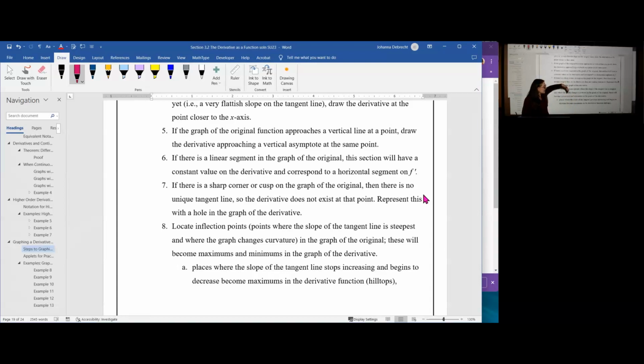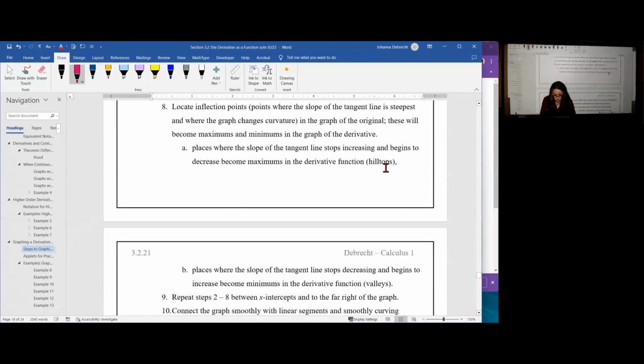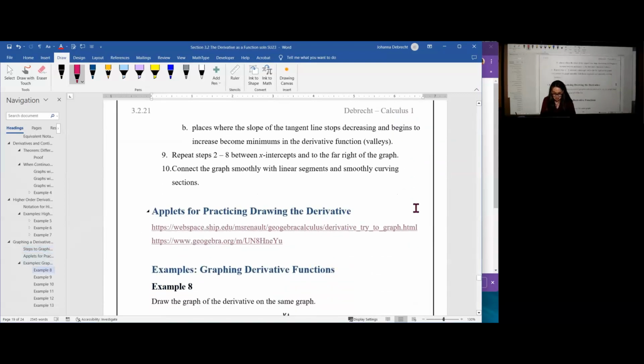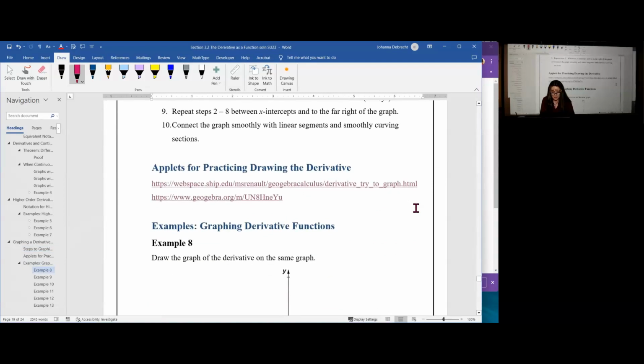If it was cupped down and then becomes cupped up, it was decreasing and then increasing, so that would correspond to a minimum. We have two final points, which is basically to repeat all the previous steps between the locations of the x-intercepts on the graph of the derivative, and then try to connect it smoothly.